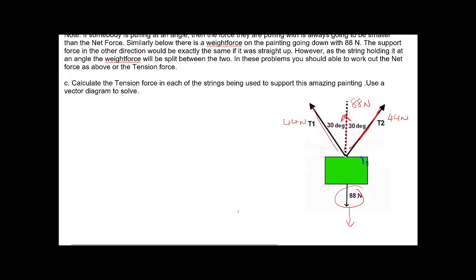Now if we redraw this diagram, okay, we've got something like this, where we've got 44 newtons force, because that's the 88 split in half, because there's 2 ropes. But obviously the tension's coming through here, and there's an angle of 30 degrees.